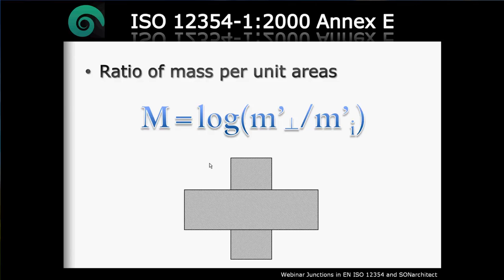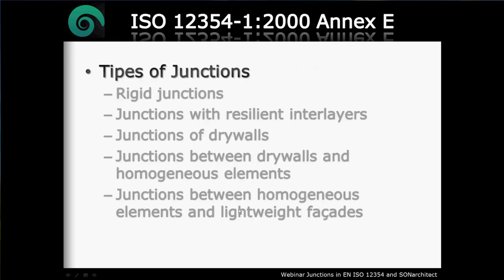So here, this formula, which is the logarithmic ratio between two masses per unit area, where, for instance, if we want to calculate, can I draw here?